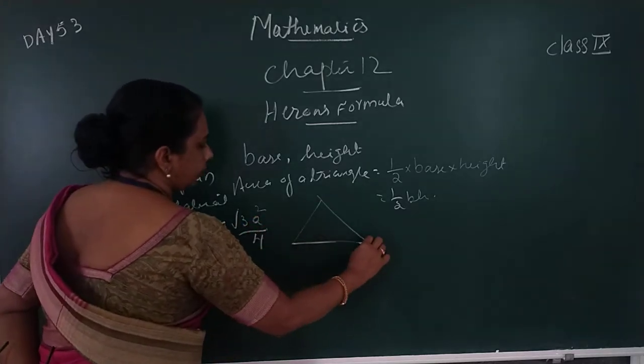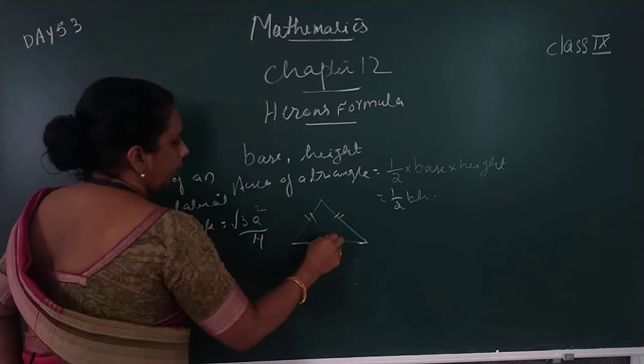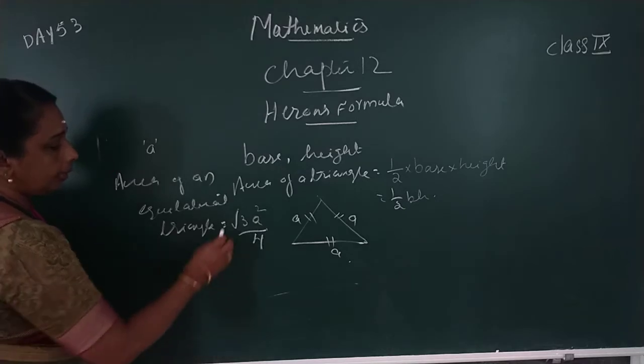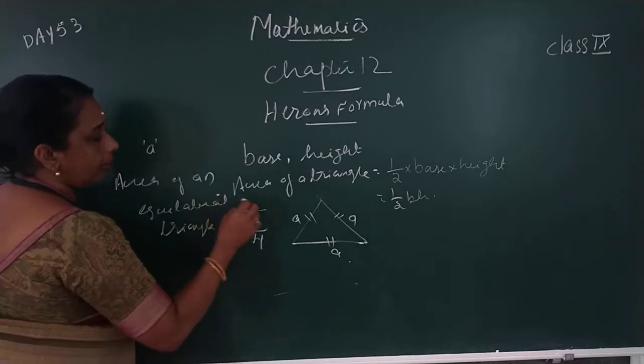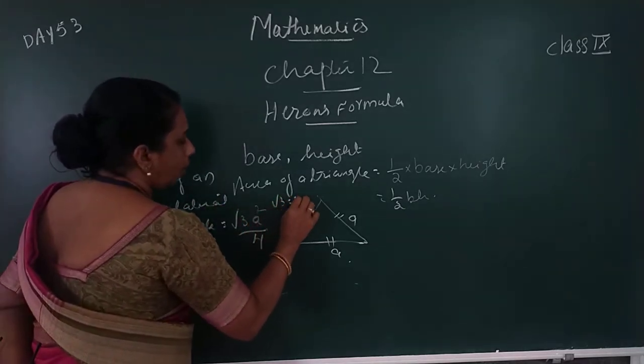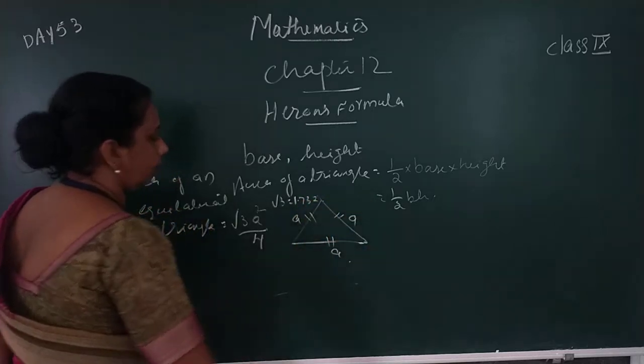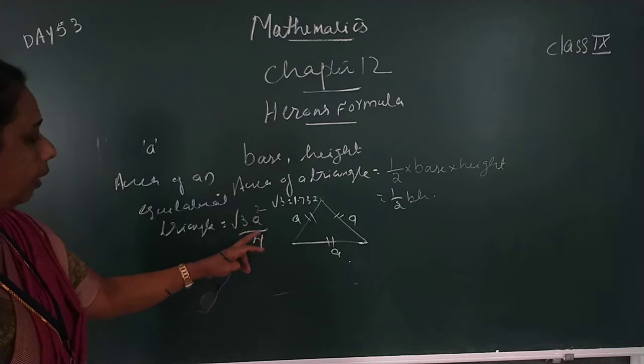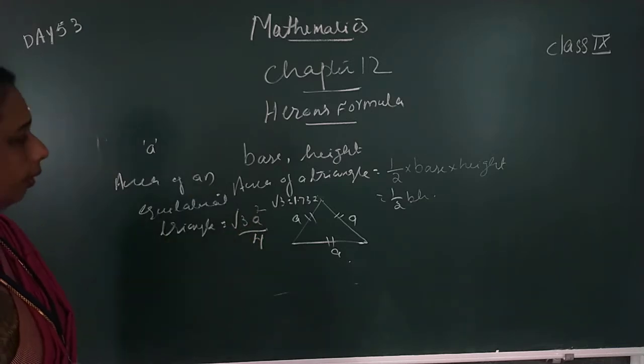Equilateral triangle means all sides are equal and one side is equal to A, therefore all sides are A. That is root 3 A square by 4. The value of root 3 is equal to 1.732 etc.